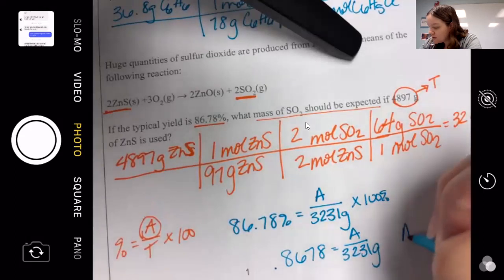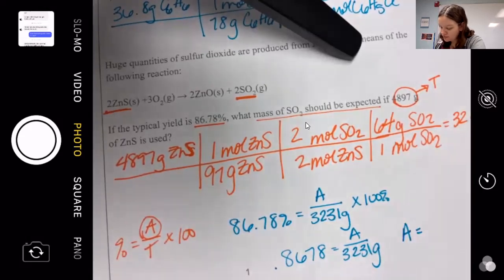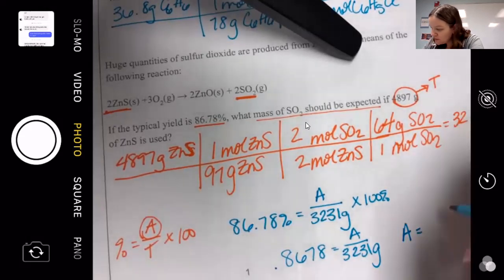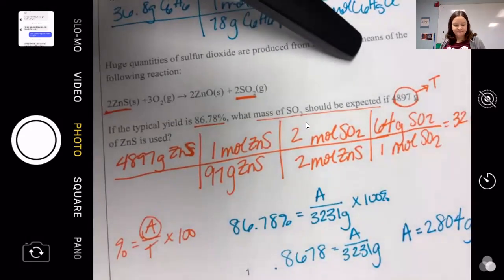So my actual yield is going to be equal to 2,804 grams. Okay, or it should be close enough.